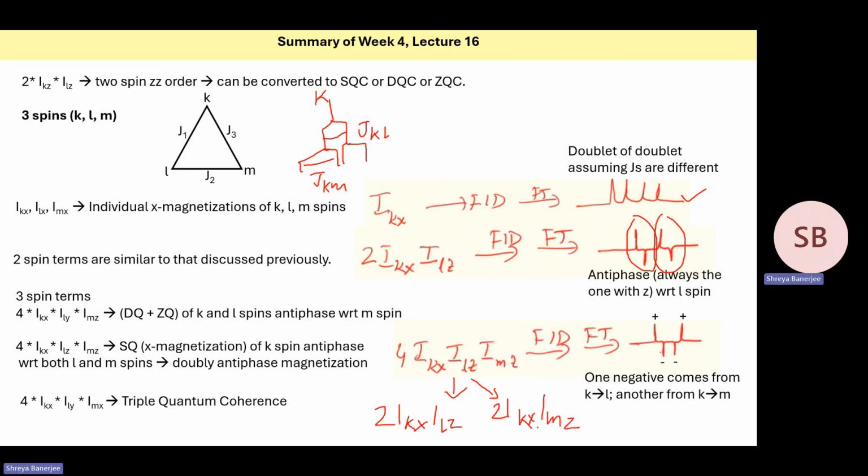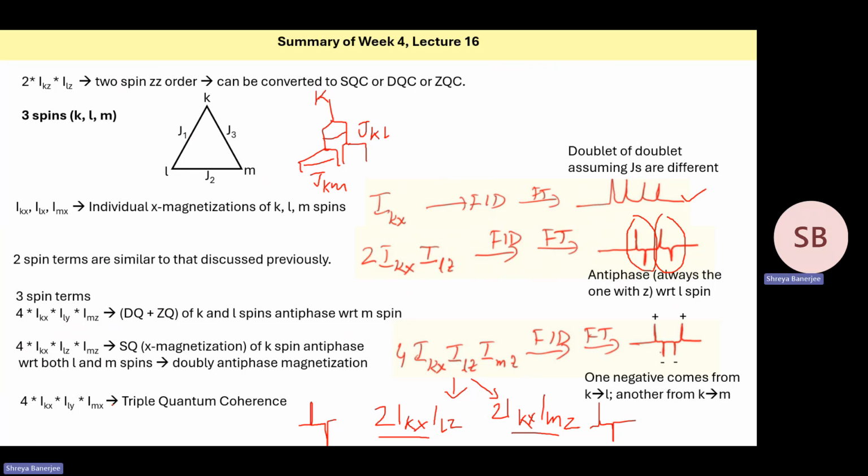So this term is made up of these two spin terms. And we know if you have a two spin term like this, you will get an antiphase signal. Since there are two such terms, you will get two antiphase signals, and they will appear like this. So in the Fourier transform, you are getting two antiphase signals, each due to one of these two spin terms.